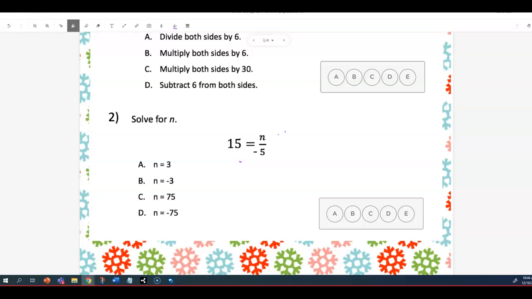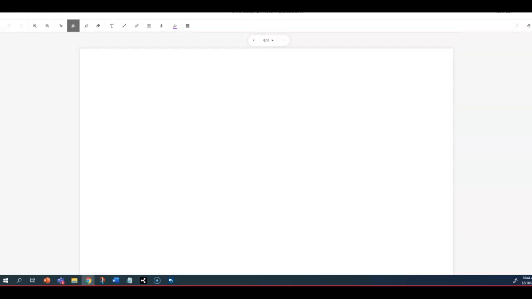Okay, so on the 4th page, I want to show you something real quick. It's a strategy you can use for solving 1 and 2 step equations. What I need you to draw on this 4th page is a T-chart.